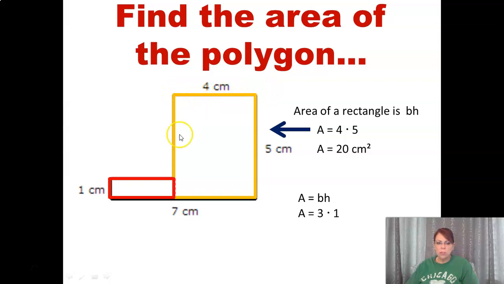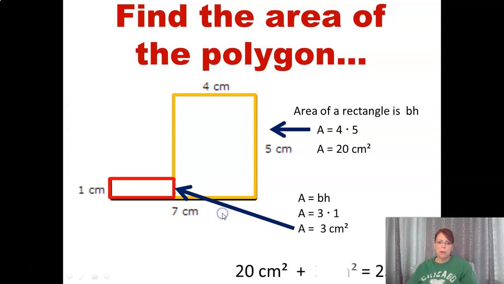This whole length is 4, which means this yellow section right here is 4. But I need the whole line to equal 7. So that means that this part is 3. 3 plus 4 equals 7. So to find the area of that red rectangle, it's 3 times 1, which means it's 3 centimeters squared. So we add it together. 20 centimeters squared plus 3 centimeters squared gives us 23 centimeters squared. I hope that made sense.